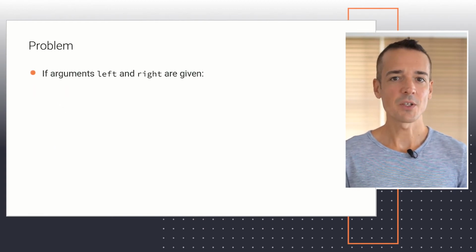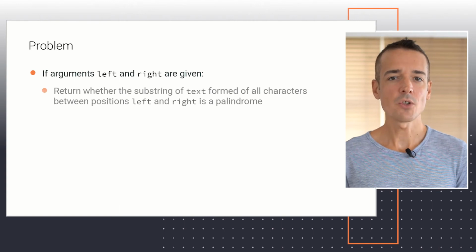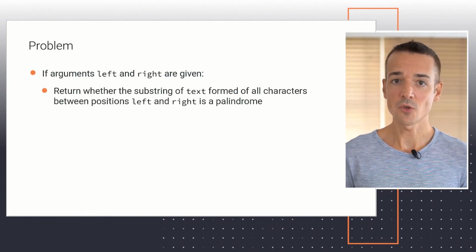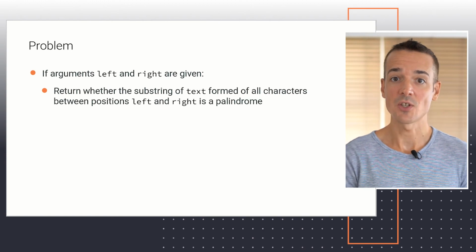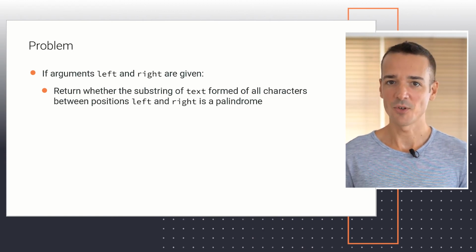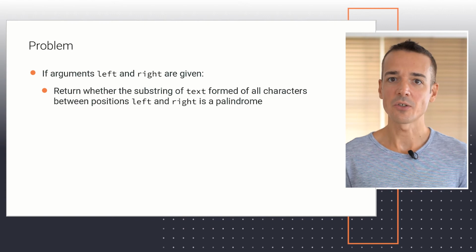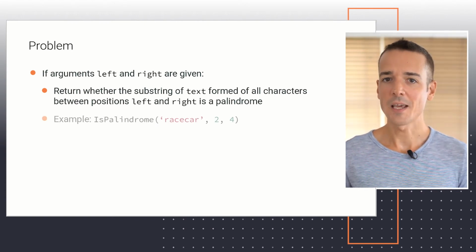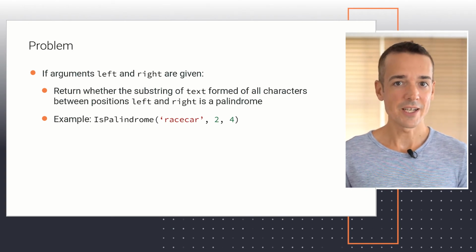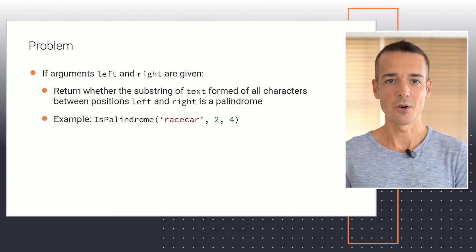If arguments left and right are both given, the function must return whether the substring of text formed of all characters between positions left and right is a palindrome, considering that the first character in the string is represented by position 0. For example, let's assume we're invoking isPalindrome with arguments race car, 2, and 4.